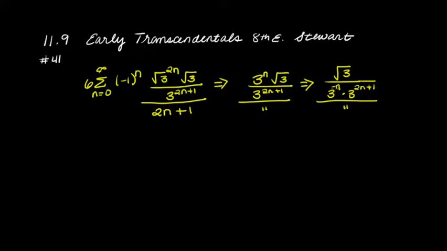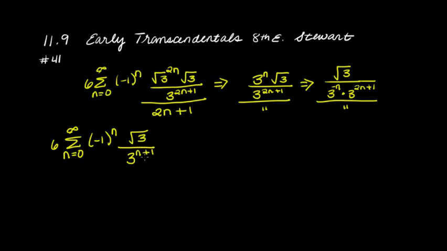So now I have a negative n and a 2n here. Those can just be added since we are multiplying. So let's write what we're left with. We have our sum, our constant, and now we have a root 3 in the numerator, and then this will give us just a 3 to the n plus 1. So 3, and that's n plus 1.